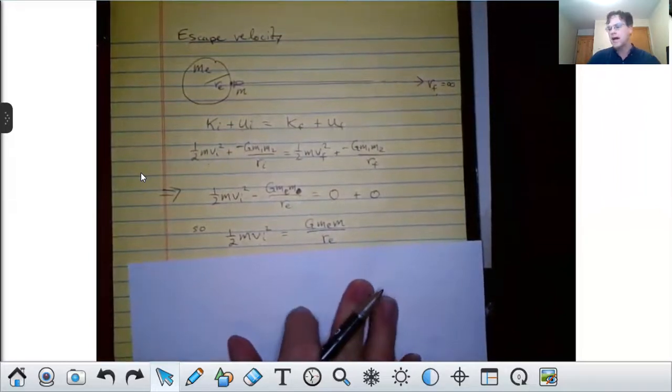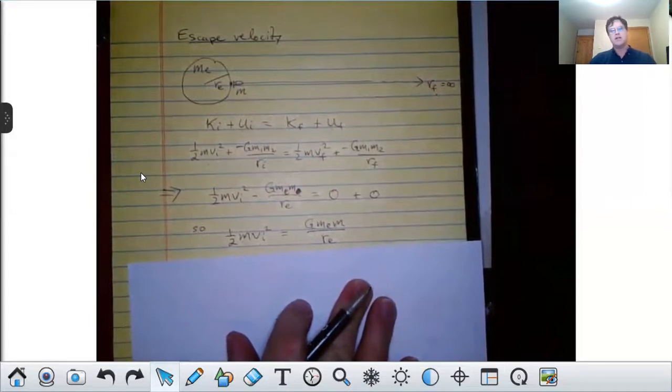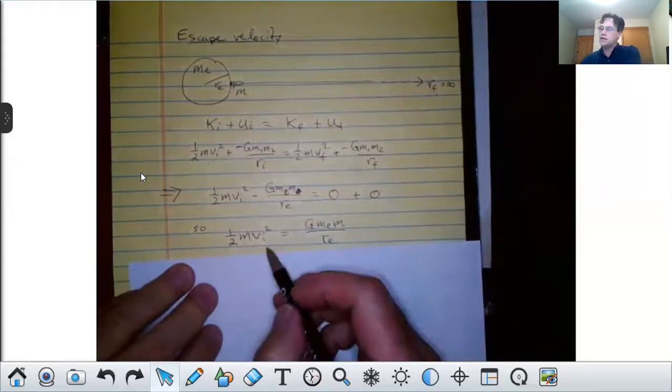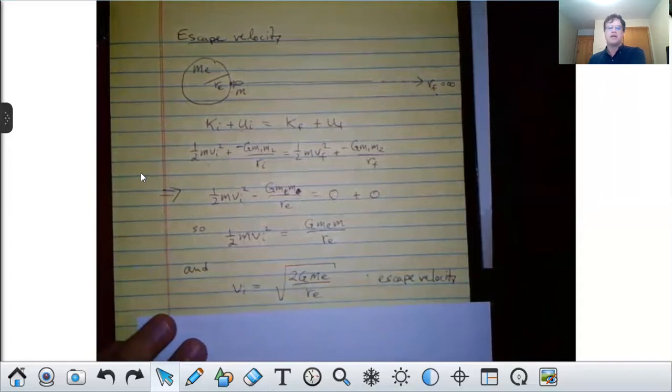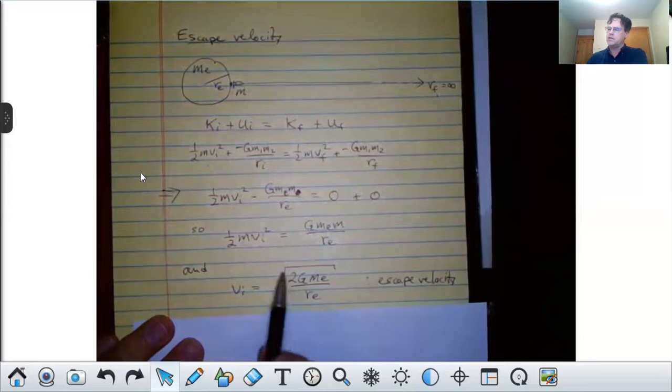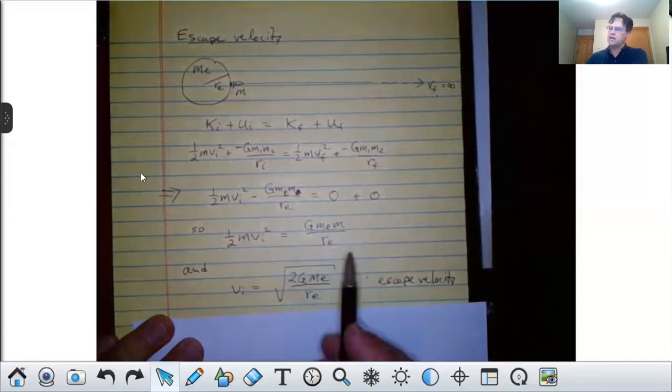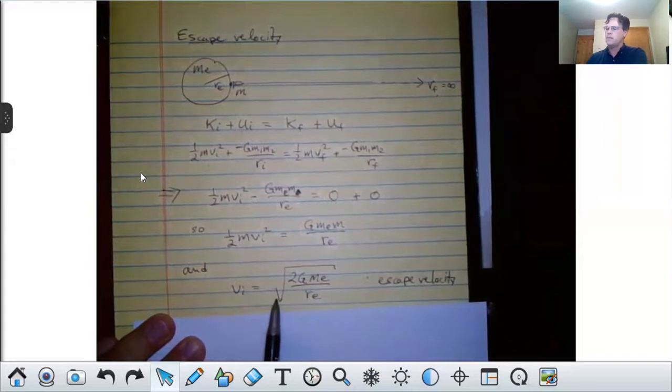So basically what has happened is I've transferred that negative potential energy into kinetic energy. And I can then solve for my initial velocity, which is my escape velocity, right? And I get this expression, just canceling out the rocket's mass. It doesn't depend on the mass of the rocket, as it turns out. So I just did some algebra to solve that, and that is my expression for escape velocity.